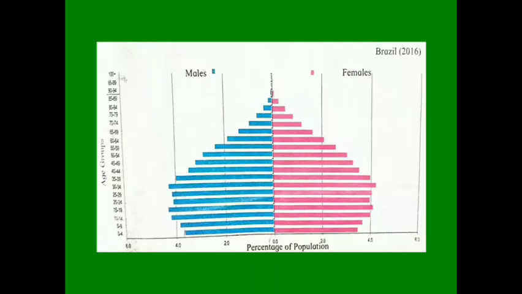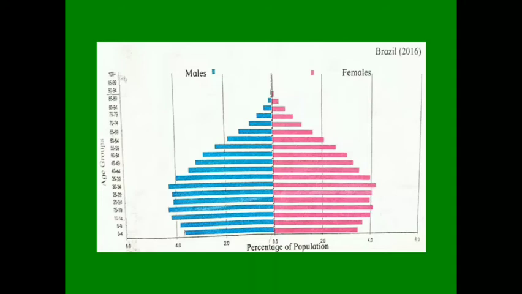Now, Pyramid 1. This pyramid depicts the age and sex ratio of Brazil for the year 2016. In this graph, the pink color is used to depict the female population, that is on your right hand side, and the blue color for the male, that is on your left hand side.